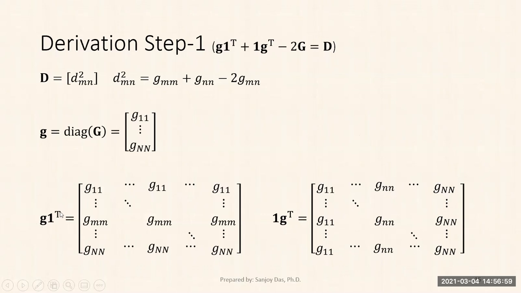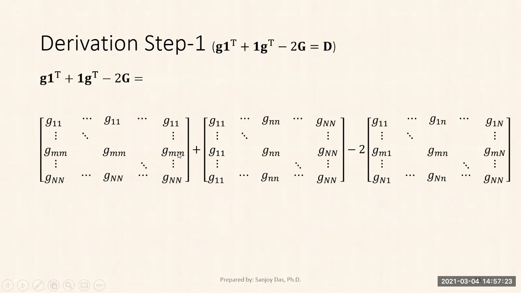Basically, if you take the transpose of G1 transpose, you get 1G transpose, and the transpose of this matrix here is this matrix. So this is G1 transpose, this is 1G transpose, and this is what I'm going to prove. You see this G1 transpose here and 1G transpose here.